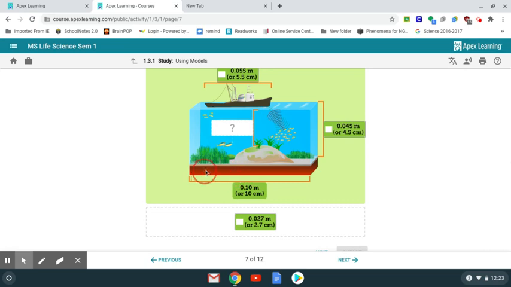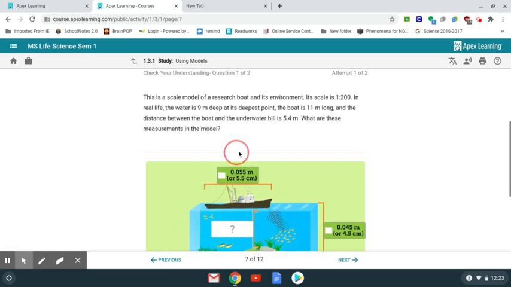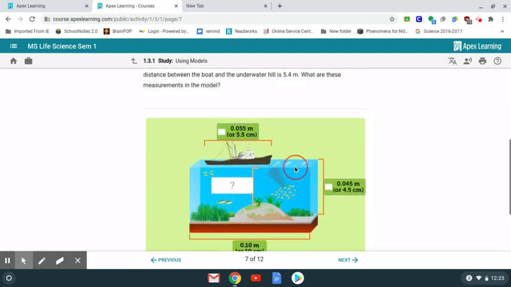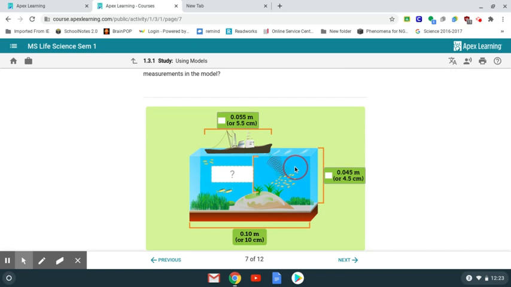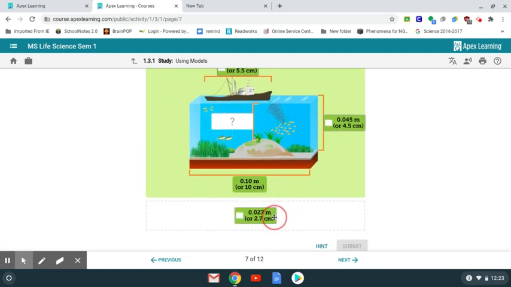So I'm pretty sure this goes here, but we're just going to double check. And the distance between the boat and the underwater hill is 5.4 meters. So again, on my calculator, I'm going to take 5.4 divided by 200, and I get 0.027. So that one goes there. So let's check our work.